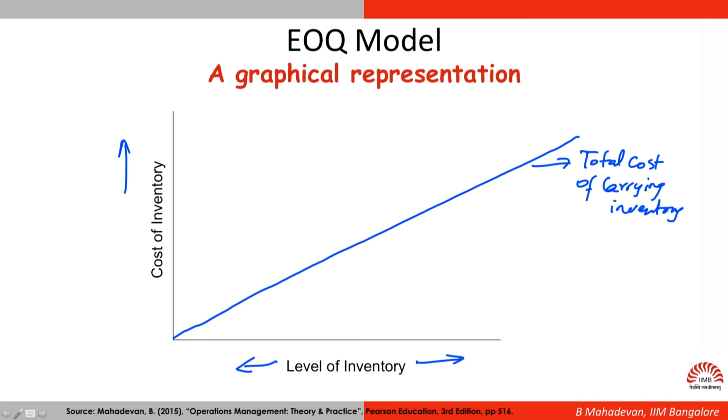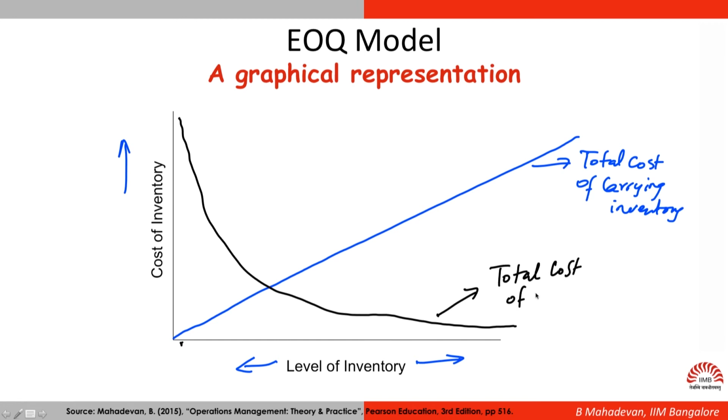Now, if you look at the order, when the level of inventory was very low, the number of orders are very high. Therefore, the ordering cost will be something like this, right? If you order the entire material in one lot, you will incur very little ordering cost. That is what is indicated here.